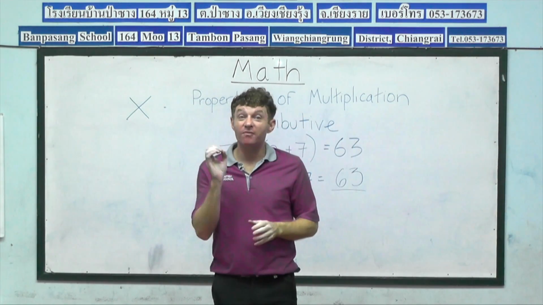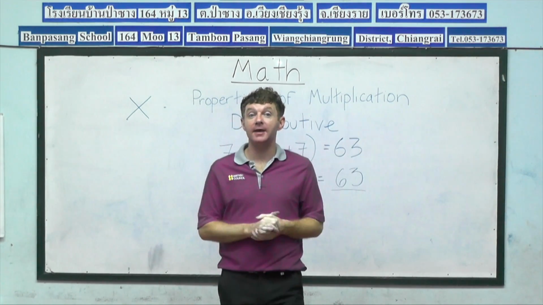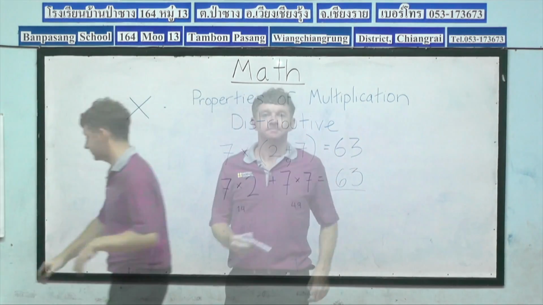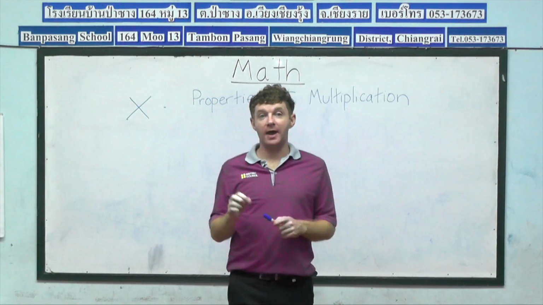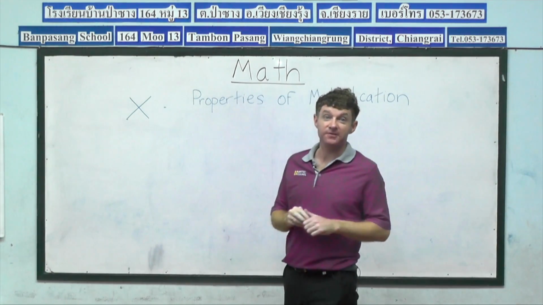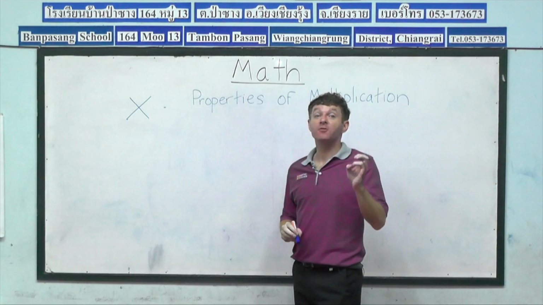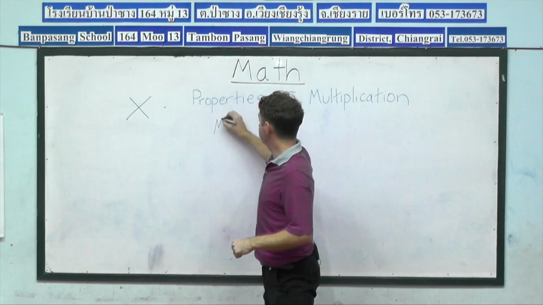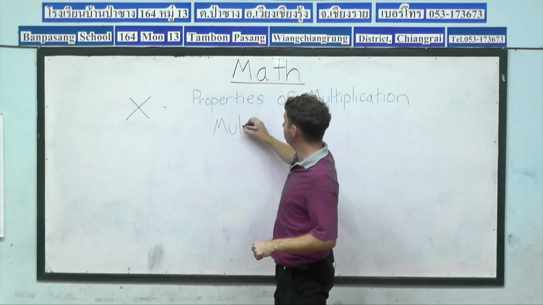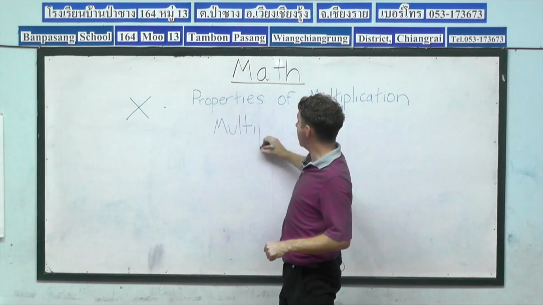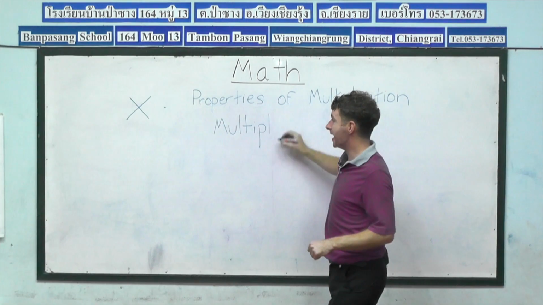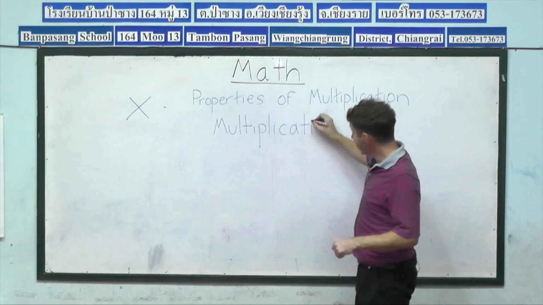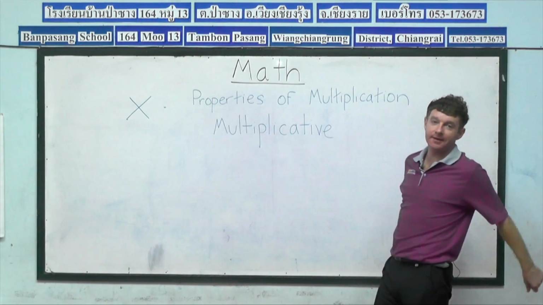And now on to our final and perhaps most simple way to work out a multiplication property. But let me clean the board first. So our fourth and final way of looking at multiplication properties, ready guys? The multiplicative identity. M-U-L-T-I-P-L-I-C-A-T-I-V-E.